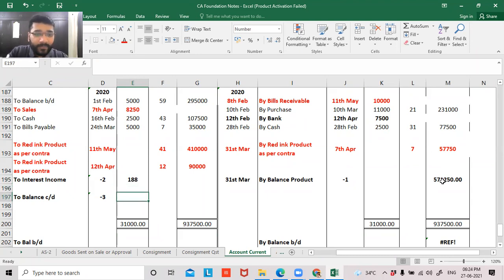Yes, sir. And the balance carried down will be the same one, guys. Credit side total was more. So 31,000 minus some of this.